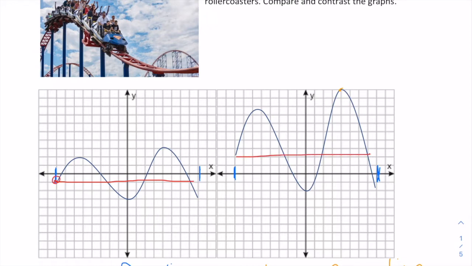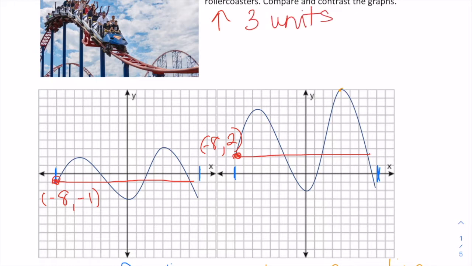So this point right here is (-8, -1), versus this point is (-8, +2). So you can tell that the transformation is shifted up 3 units.